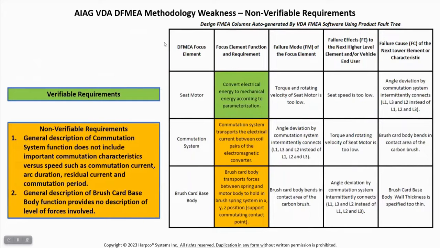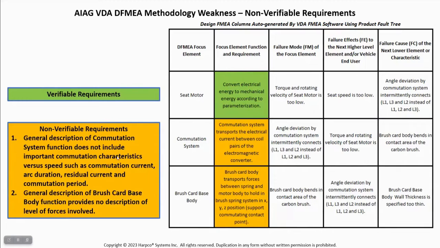So what's the problem? Well, the big problem is several key problems. The first thing is when people are forced to write requirements for every assembly, subassembly, and component, they tend to write detailed requirements at this assembly level. But at this level here, they don't provide enough detail that you can verify. You would never tell a motor designer that they just have to have a commutation system.